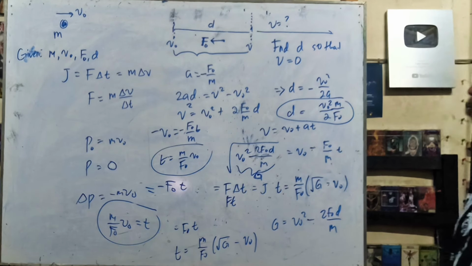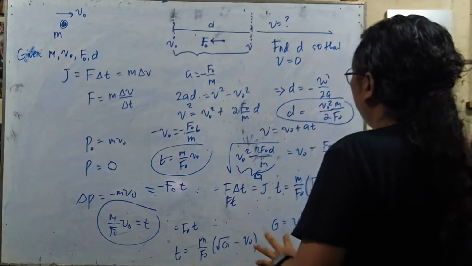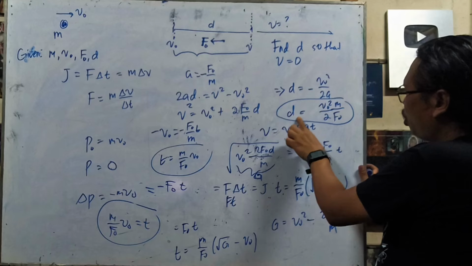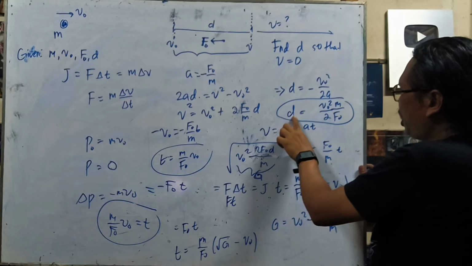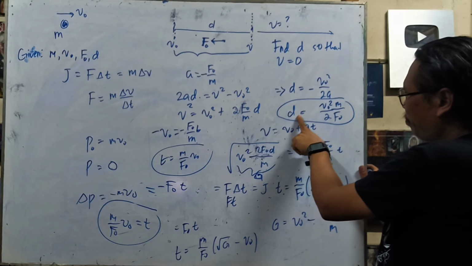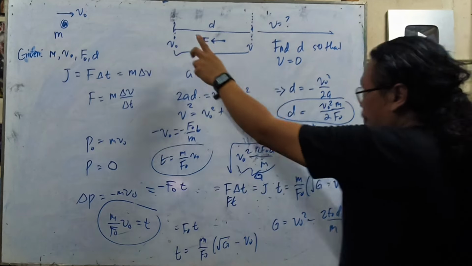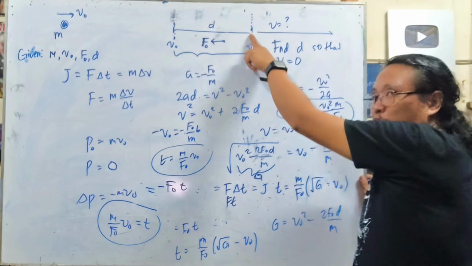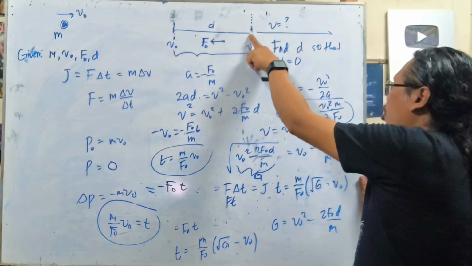So, anyway, now let's explore one more question here. This is the distance that we need in order for the particle to stop. Okay? If this is the distance, then right at the end of this, the particle has already velocity of 0.